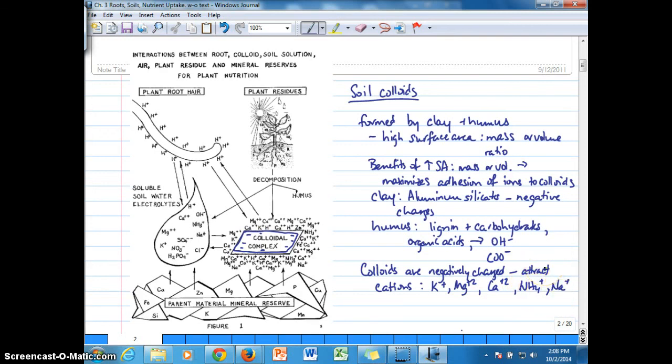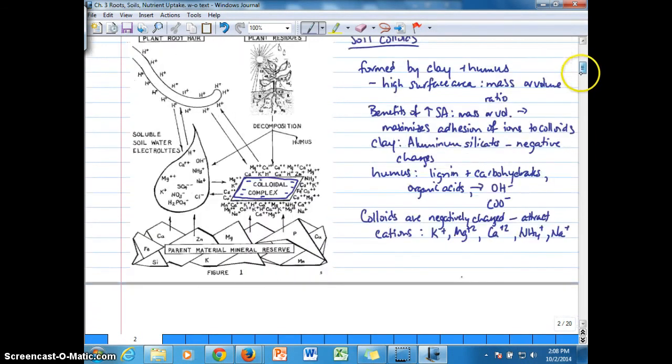And you can look over here at a long list of different kinds of cations, even iron and manganese, and all kinds of things that we could list.